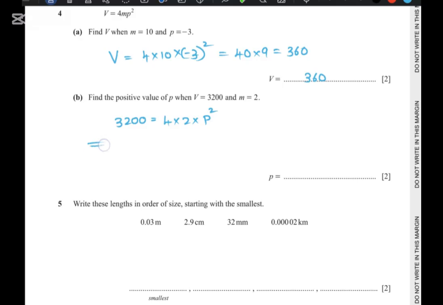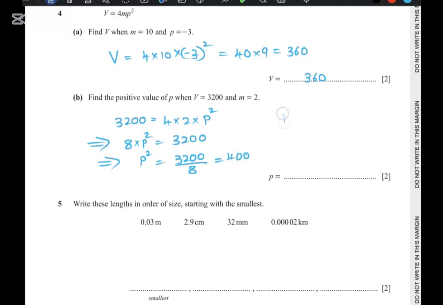Now flip the equation and bring p squared onto the left hand side. 4 into 2 is 8. So 8 p squared is equal to 3200. Keeping p squared on the left hand side, bring 8 to the right hand side. It is divided, so that value will be 400.